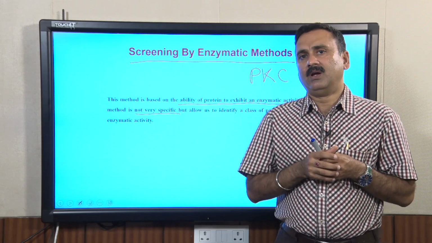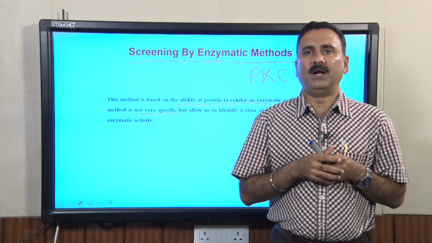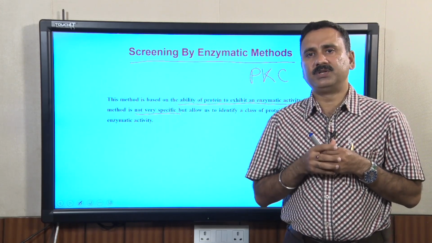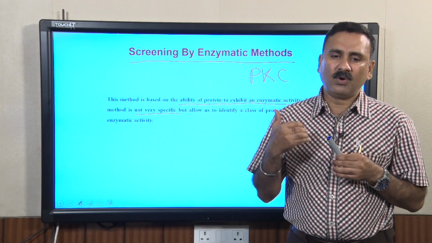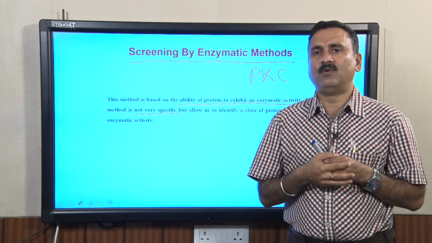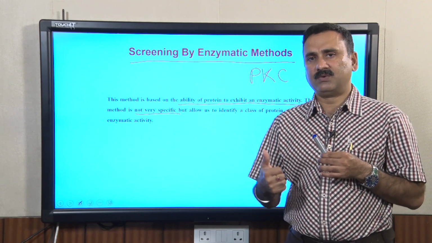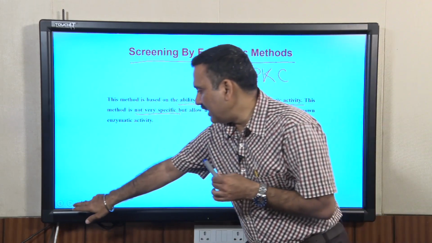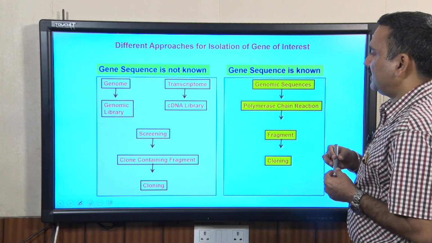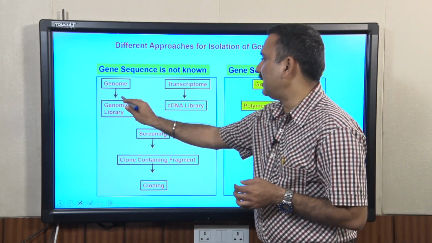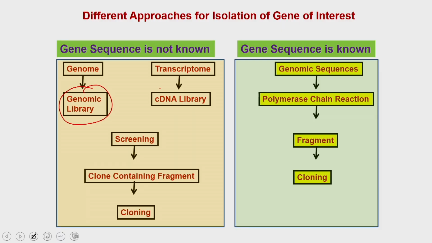But once you have got these clones, you have to get your gene, and you also have to do some more confirmatory tests before you can use them for downstream applications. So, at the end of the screening of the genomic library or the cDNA library, what are you going to get? You are going to get a set of clones containing your fragments.